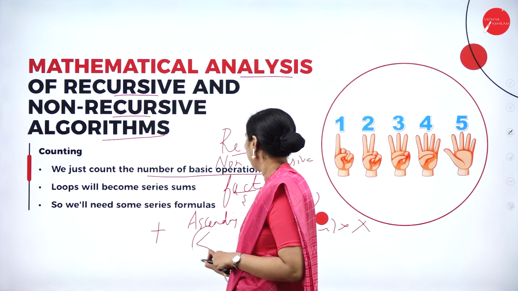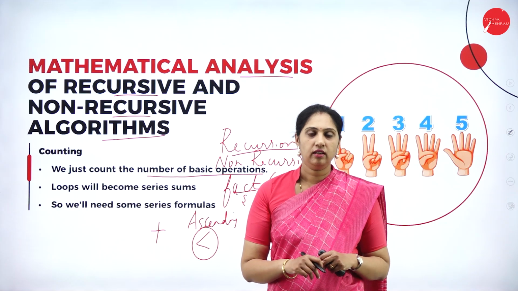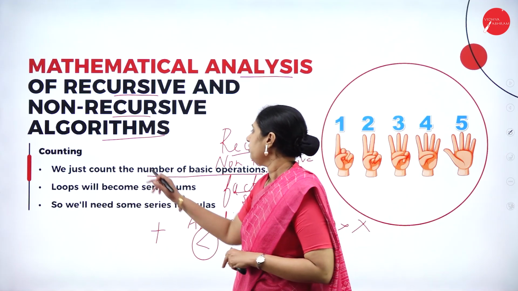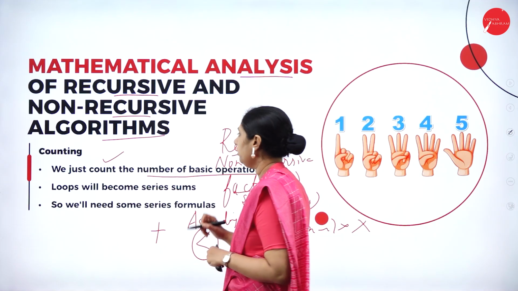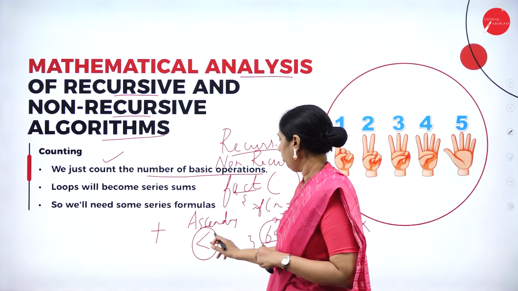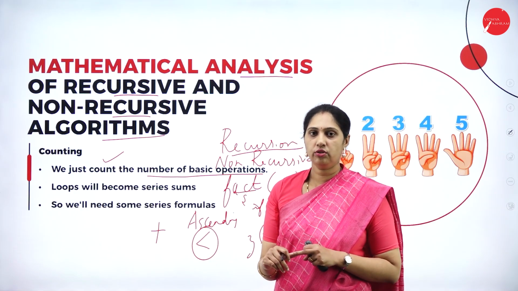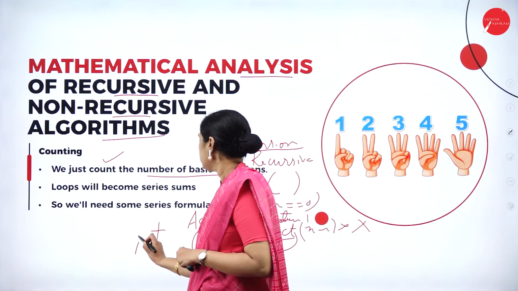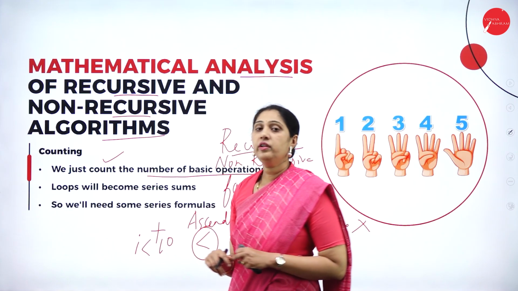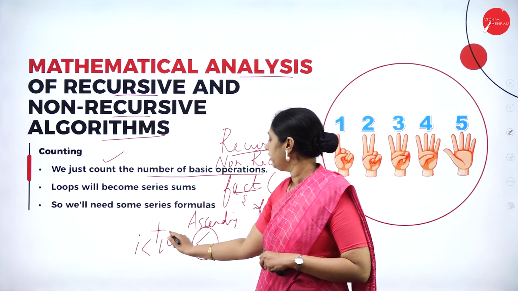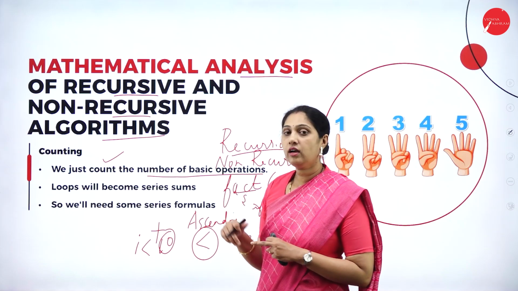So this comparison operation is done repeatedly, and we have to count the number of basic operations. How many times has this operation been executed? If it is in a for loop, say i less than 10, how many times will this comparison be done? 10 times. That is the count.